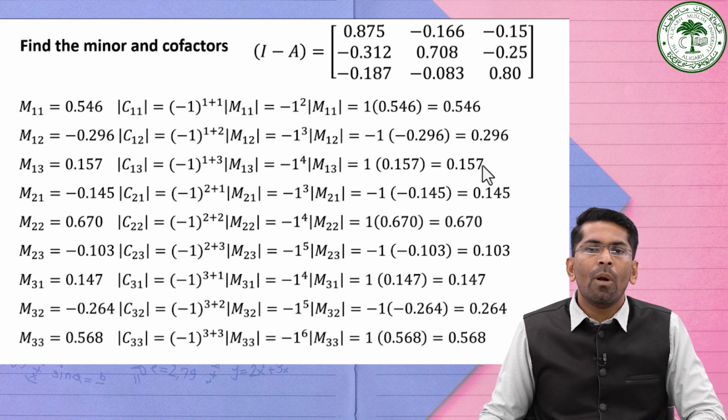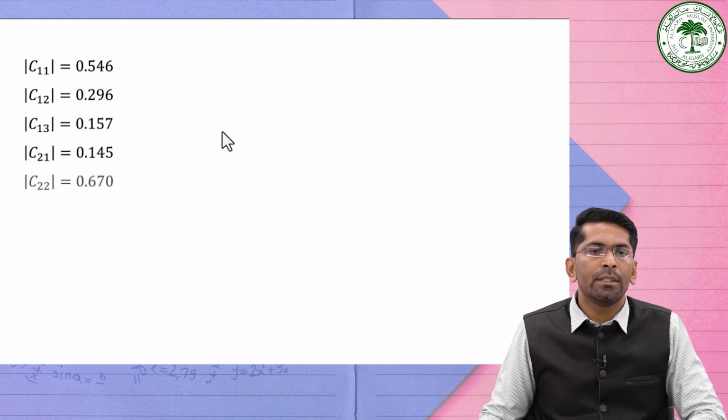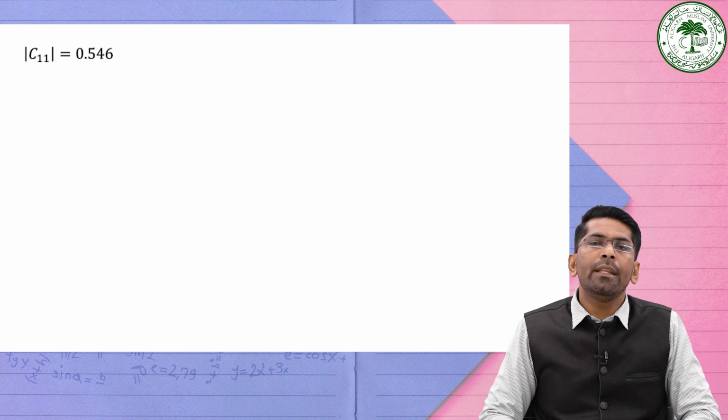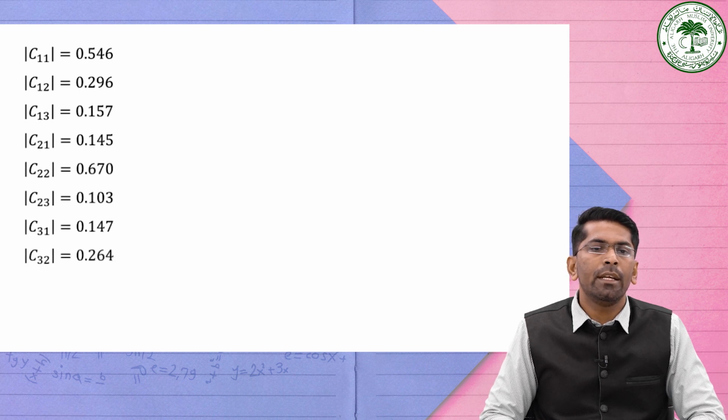All the cofactors are found here. I am writing all the cofactors separately: C11, C12, C13, C21, C22, C23, C31, C32, C33.